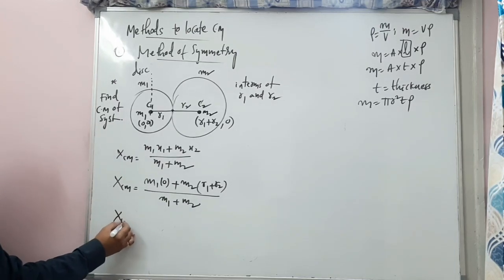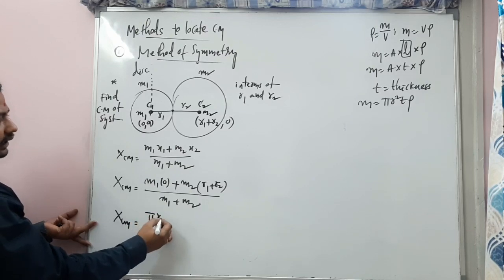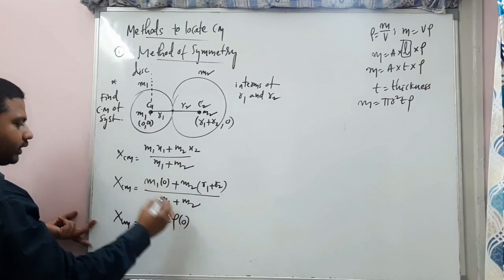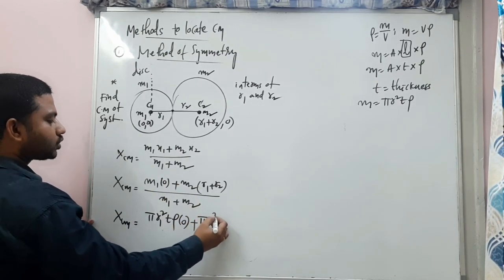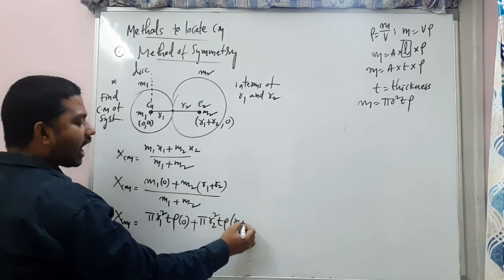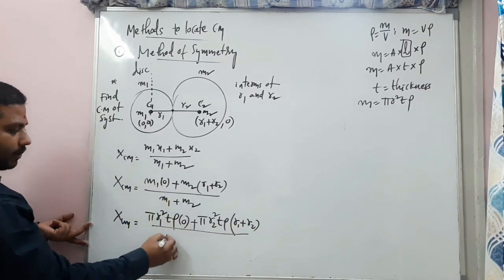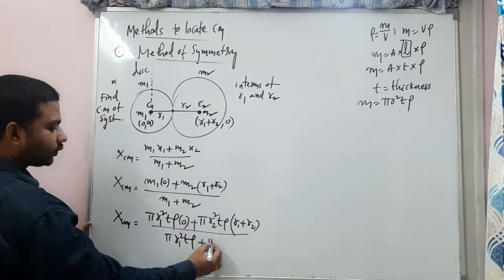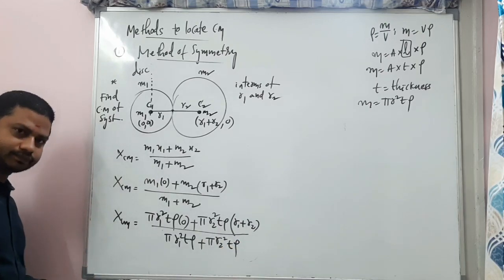So xm is equal to m1, which is pi r1 square t rho, into 0, and then 0 into m2. m2 is pi r2 square t rho, into what is remaining here, R1 plus R2, divided by M1 pi R1 square t rho plus M2 pi R2 square t rho.